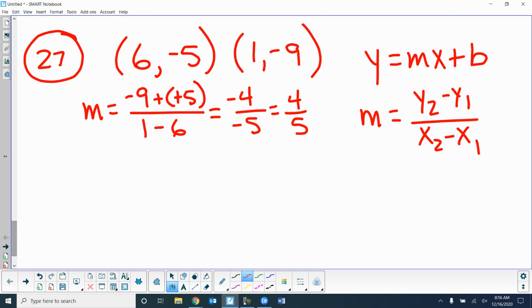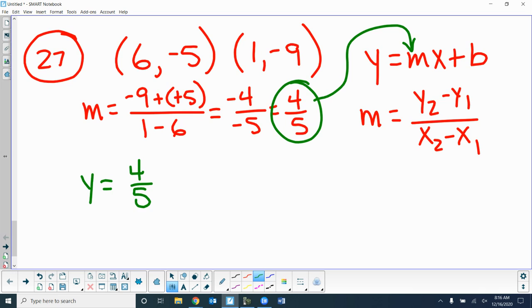Okay, so the next thing I do is I just put this in for m. So I can write y equals 4/5 x plus b. So the only part I got to figure out now is the b part, the y-intercept. Okay? So I pick one of these 2 points, it doesn't matter which one, and plug in for x and y, and then I'll solve for b.